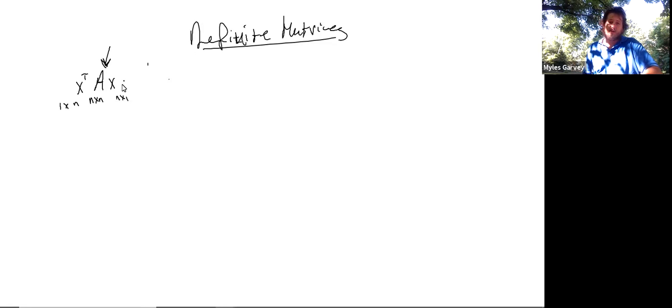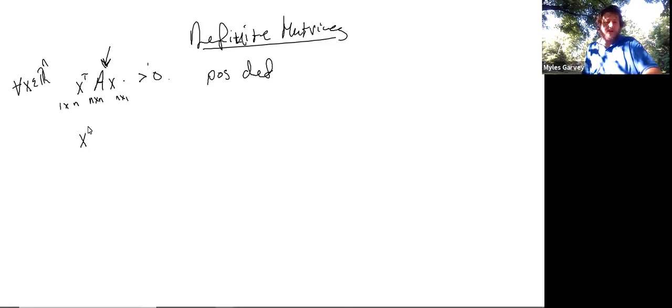So therefore, the result is a 1 by 1, a number. If this is strictly bigger than 0, we say that the matrix is positive definite. And that needs to hold true for all vectors in Rn.